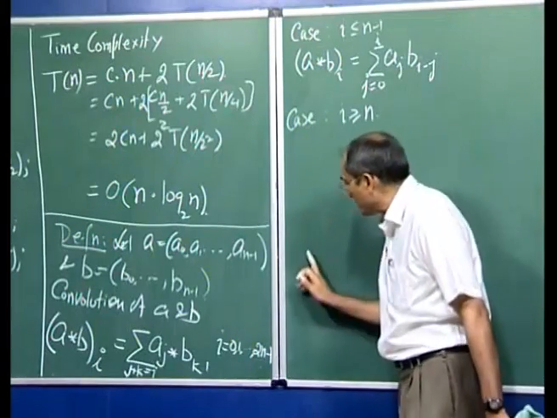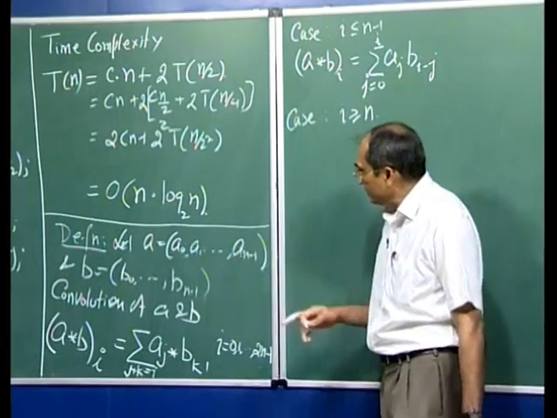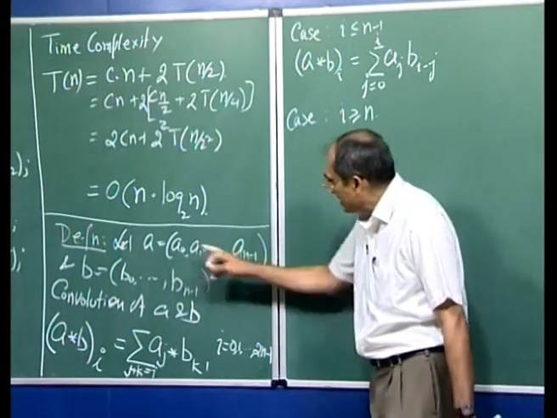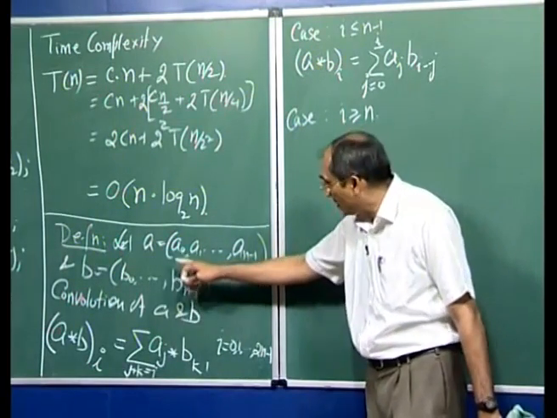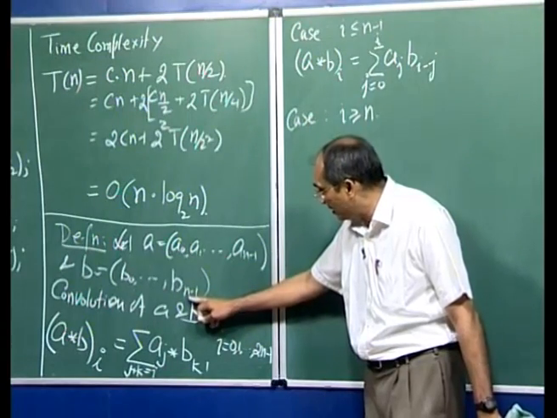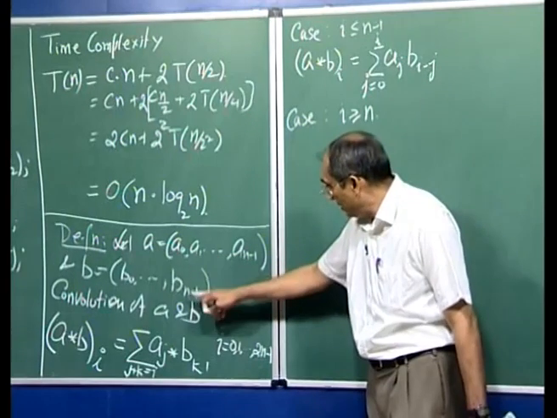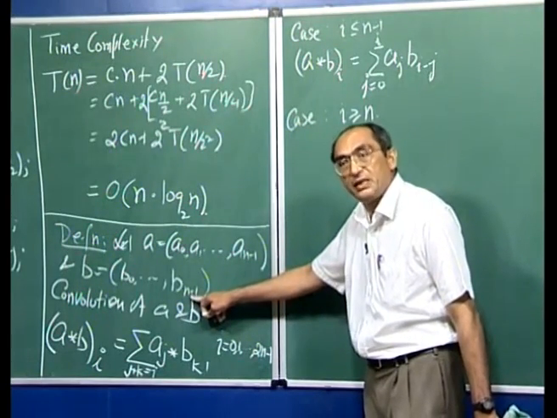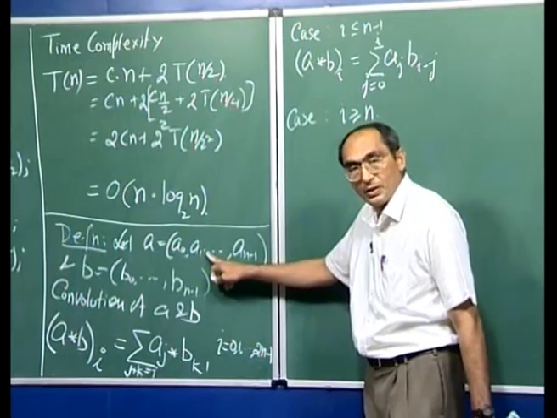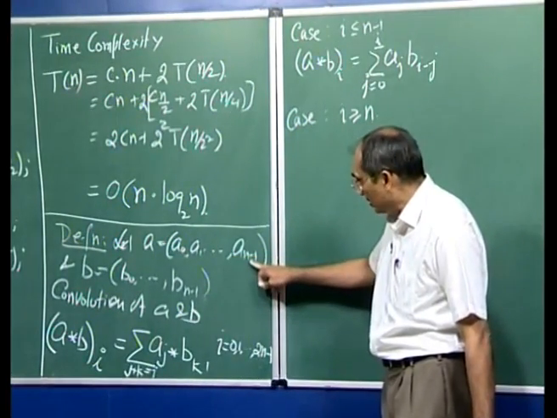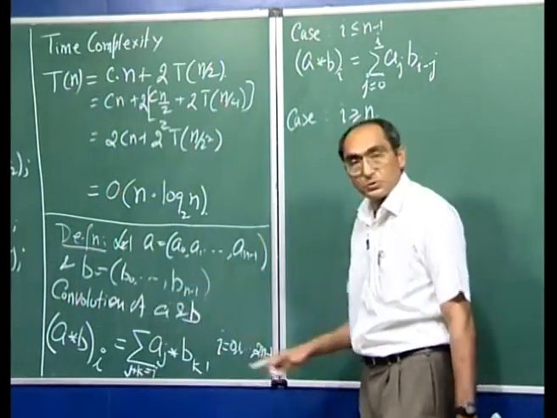So, if it is n plus 1, then A0 will not be able to contribute anything, because this is 0, maximum this can go is n minus 1, they will not contribute anything. 1 and n minus 1 add up to n, still does not contribute, but it will start from 2 and go up to n minus 1. So, when it is 2, it will be n minus 1, 3, n minus 2 and so on.